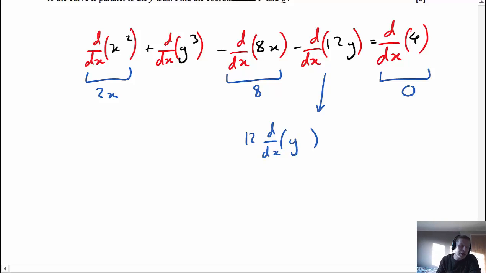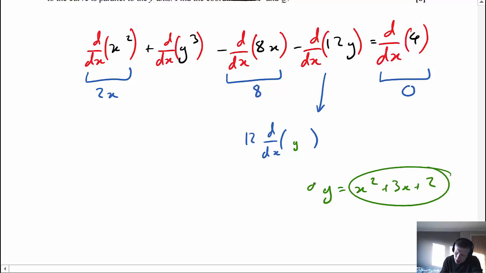Now you can think of this as simply saying, when we differentiate y, we just get dy by dx. You can think of it a bit like a function. Think about the chain rule, for example. Y is just like some function, so it could be like y equals x squared plus 3x plus 2, for example. How would you differentiate that? Well, you differentiate everything on the right-hand side. On the left-hand side, you differentiate this, and you get dy by dx.